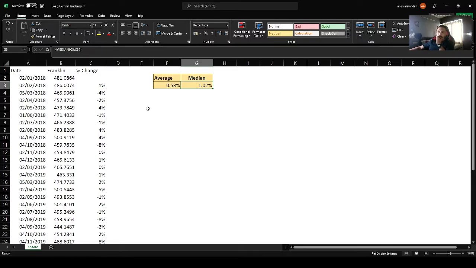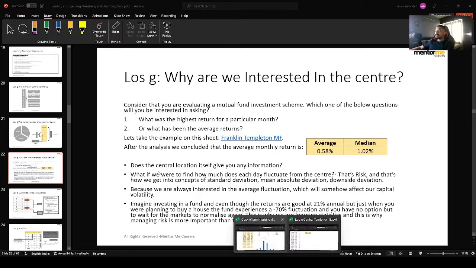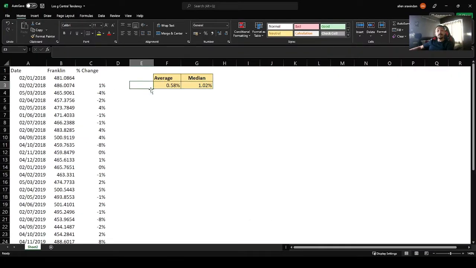But again, does this really answer your question on whether you're going to be feeling uncomfortable or not? Well, it depends what you want to derive out of it. So maybe you want to find out, if this is the average, then how much does the data really fluctuate from the average? Are you getting what I'm saying?